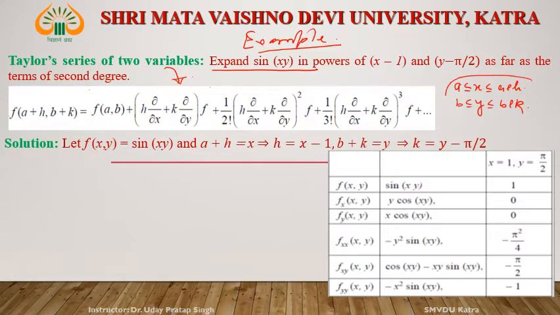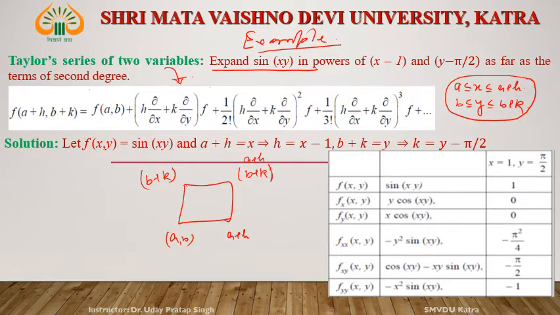If x and y lie between this rectangle, a plus h, then the Taylor series expansion holds, provided other conditions are also satisfied: f is finite, all its partial derivatives are finite up to nth order, and f and all its partial derivatives are continuous in this rectangle.